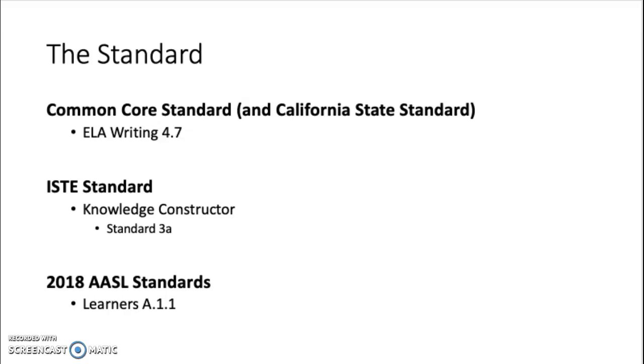The ISTE standard is Constructor 3A, where students plan and employ effective research strategies to locate information. And the 2018 AASL standards, which are the school library standards, say that learners think, display curiosity and initiative by formulating questions about a personal interest or curricular topic.